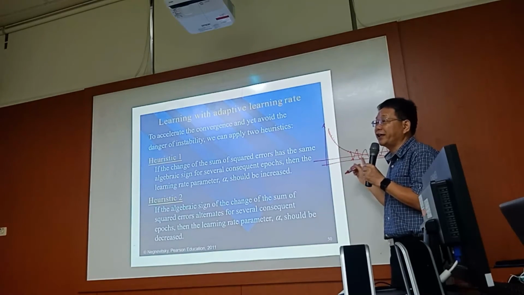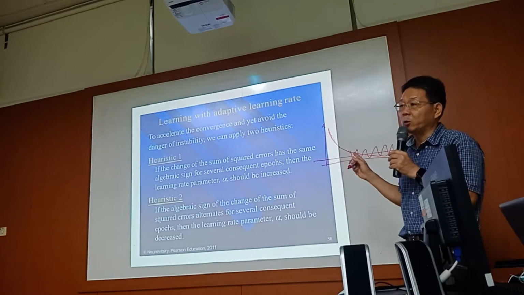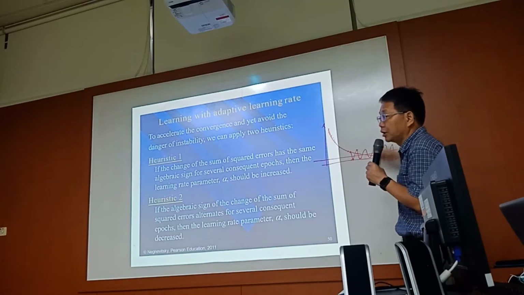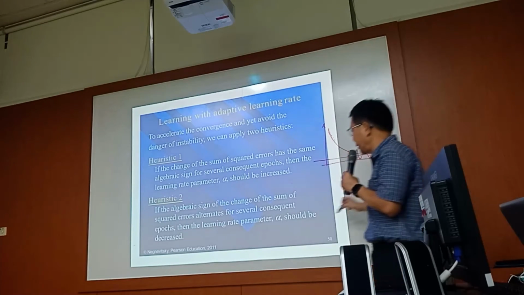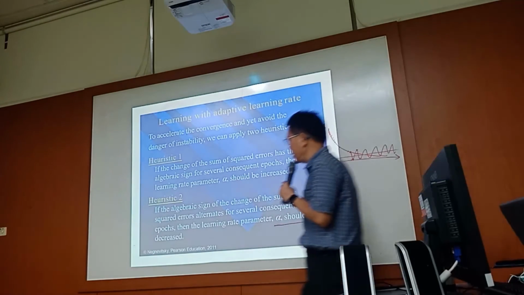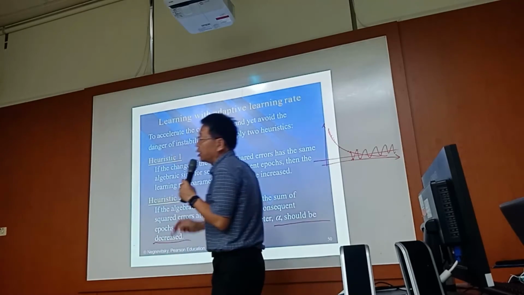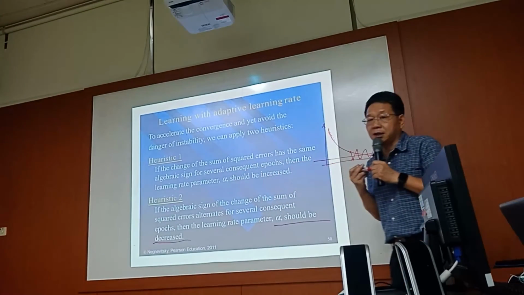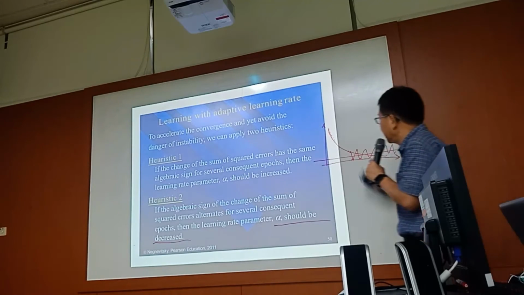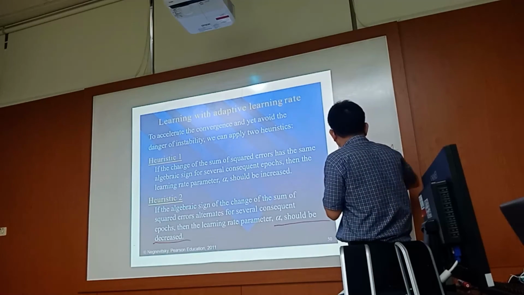This is like the gradient descent method, which became an oscillation that changed highly. At that time, our learning rate needs to be decreased. This is the policy about the learning rate setup.